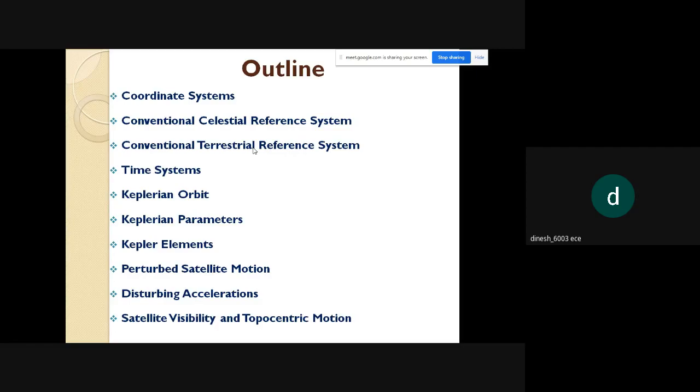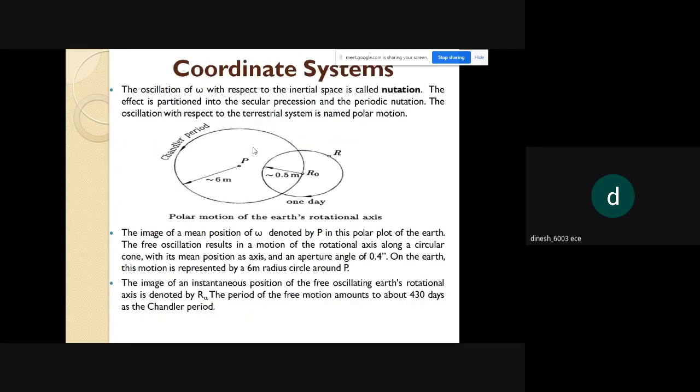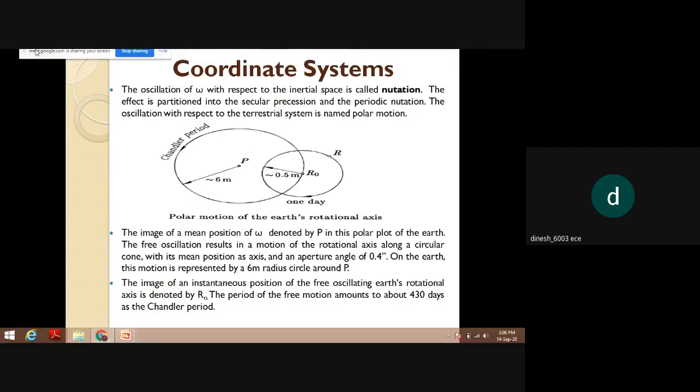Okay, so moving on to the coordinate system. The oscillation with respect to the initial space, we call nutation. For positioning any object or celestial body on earth, in space, or on a satellite, three important coordinates are required, as we had seen: latitude, longitude, and altitude.